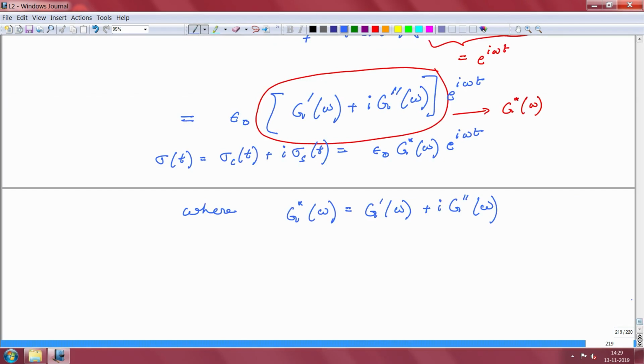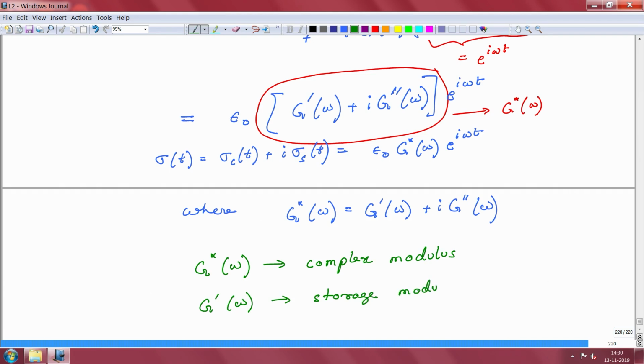And this is a very important number. This is called the complex modulus, and G dash of omega is called the storage modulus, and the G double dash omega is also called the loss modulus.